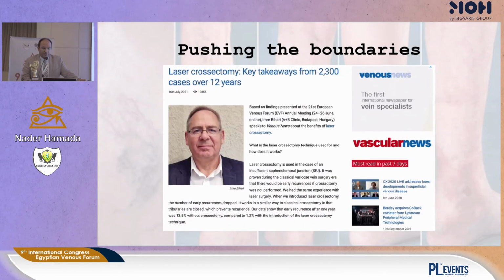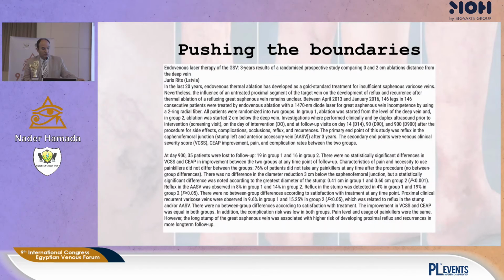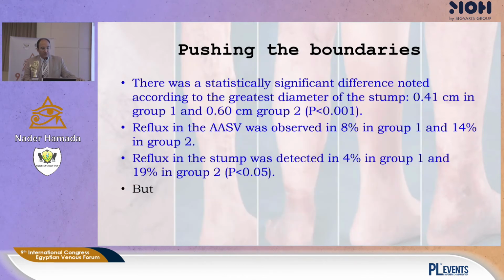So there are a lot of other publications and commentary from eminent venous surgeons and interventionists. I will not go through all of them, but they mentioned there was a statistically significant difference according to the greatest diameter of the stump: 0.41 centimeter in group 1, which is the laser crossectomy, and 0.6 centimeter in group 2, which is 2 centimeters away from the saphenofemoral junction.